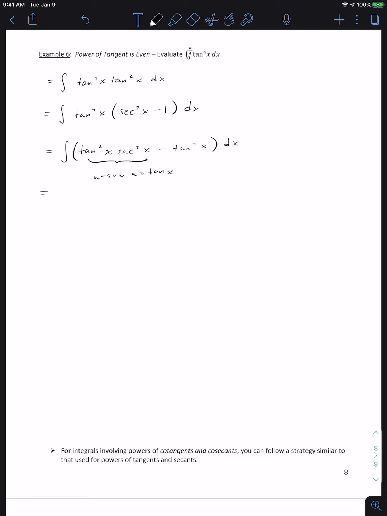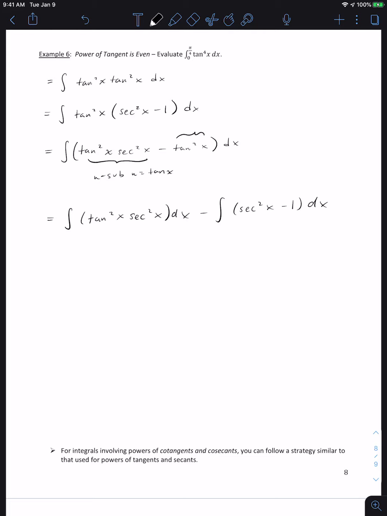Because remember the inside function, if it's tangent, then the derivative that we see on the outside is secant squared. This guy up here, this tangent squared, I can once again use the Pythagorean identity, right? So this guy right here, we're going to leave alone, and I'm just going to say this is tangent squared x secant squared x dx, and then subtract. And now instead of tangent squared, I'm going to write secant squared x minus 1 dx. All right, I'm going to use the Pythagorean identity.